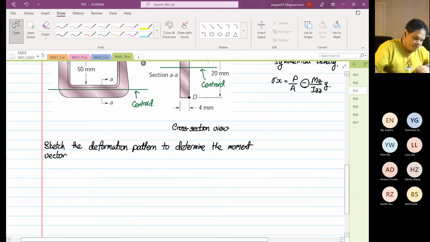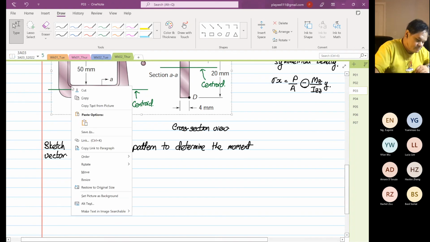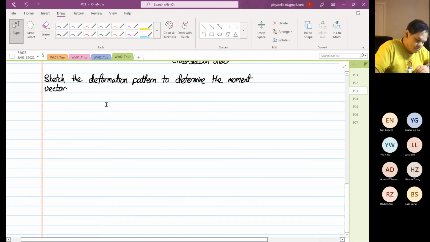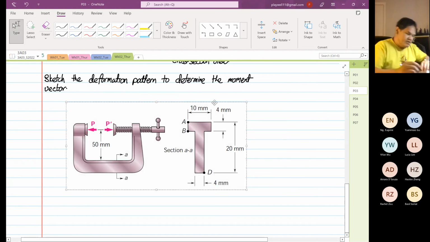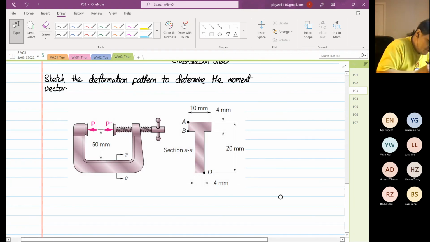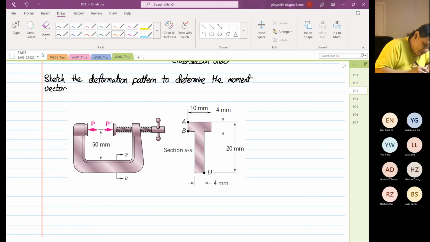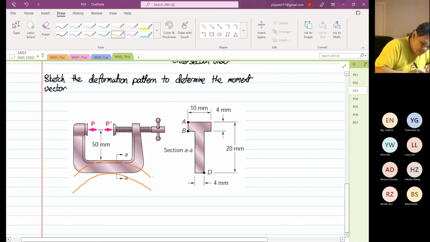Okay, so from here, I'm going to take this image, right? So when this structure deforms, the deformation will look like this. And I'm going to sketch this out in orange, right? The deformation will look like this. All right, P is acting this way.